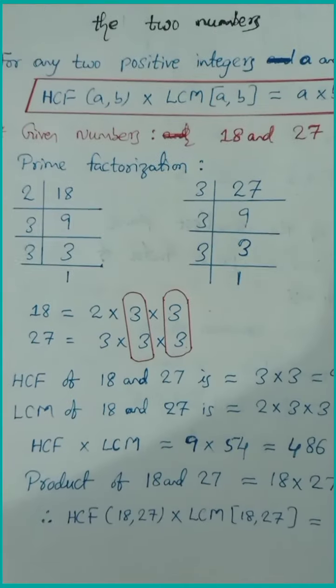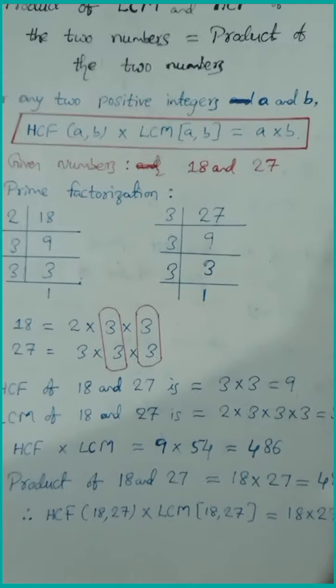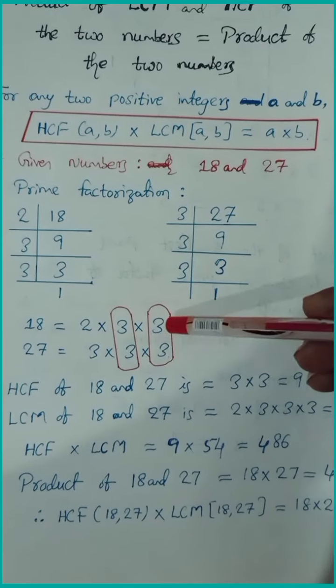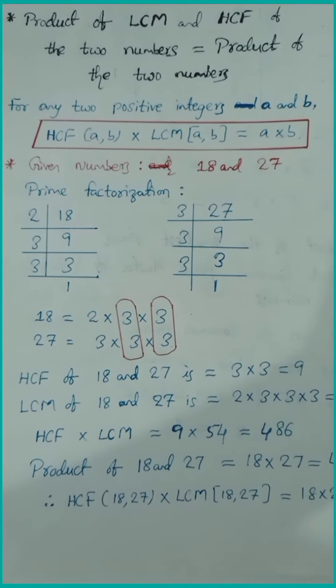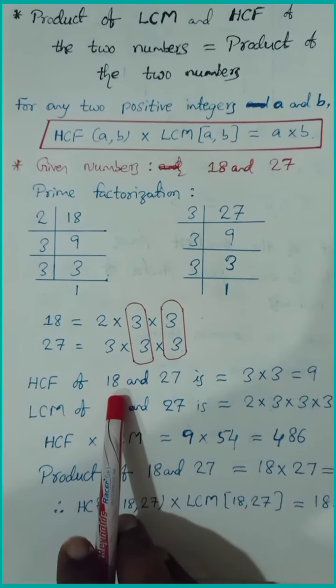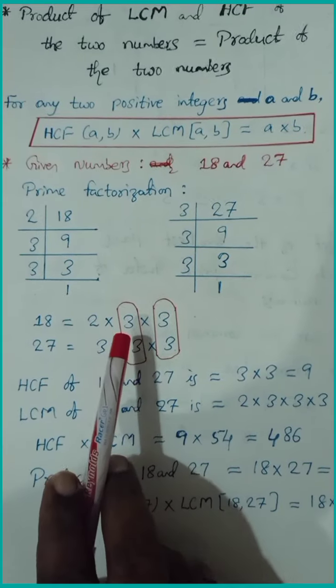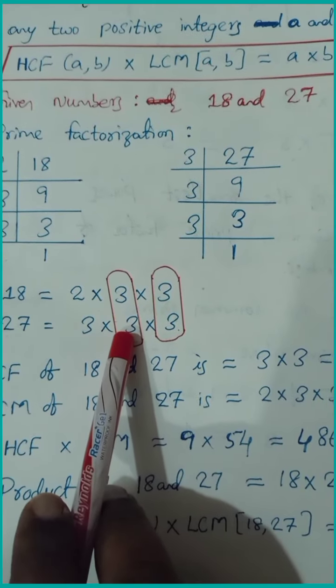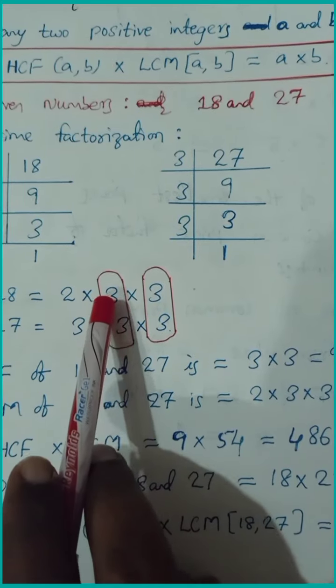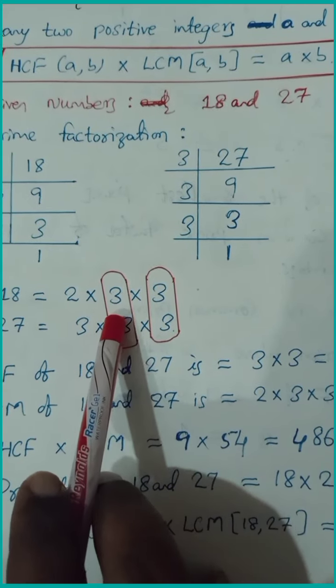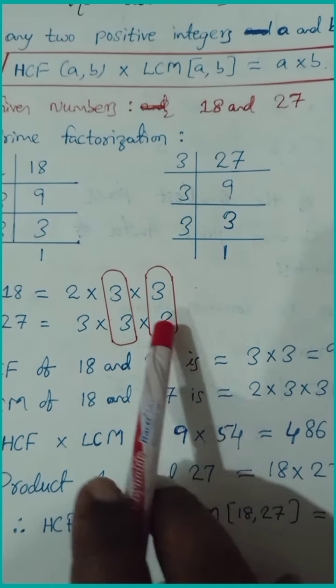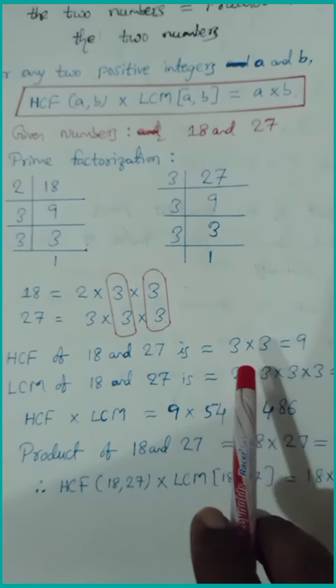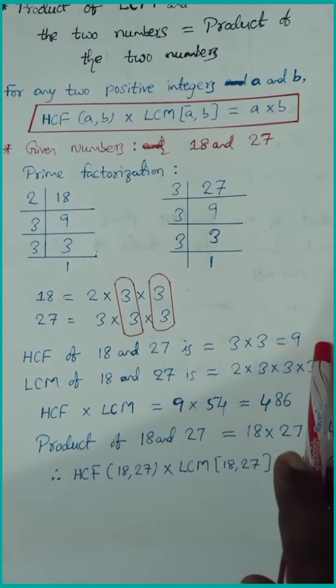Now in these, the common numbers are 3 and 3. So finally we say that the HCF of 18 and 27 is, here pick only a single one of the common numbers, so we take 3 into 3, which is 9.